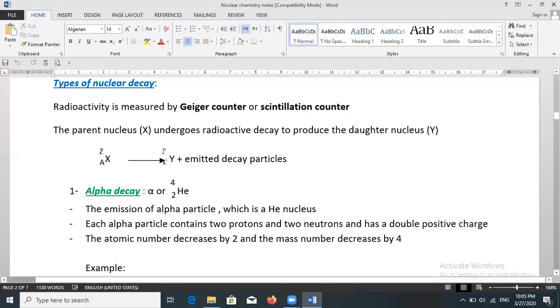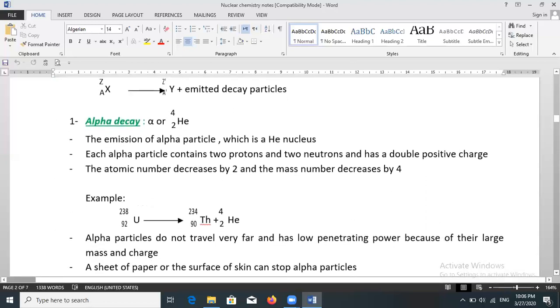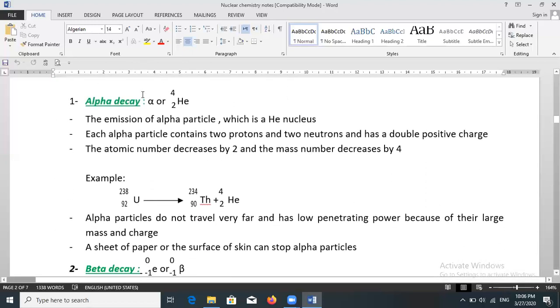The first kind is alpha decay. Alpha, its symbol is, as you see here, helium. This means that each radiation consists of many, many helium particles.